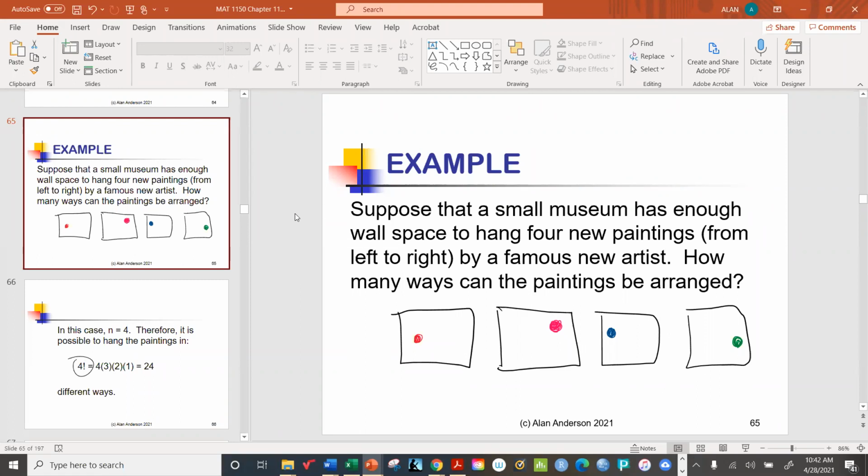Okay, so how would you approach this problem? I know, it would be 4 factorial.